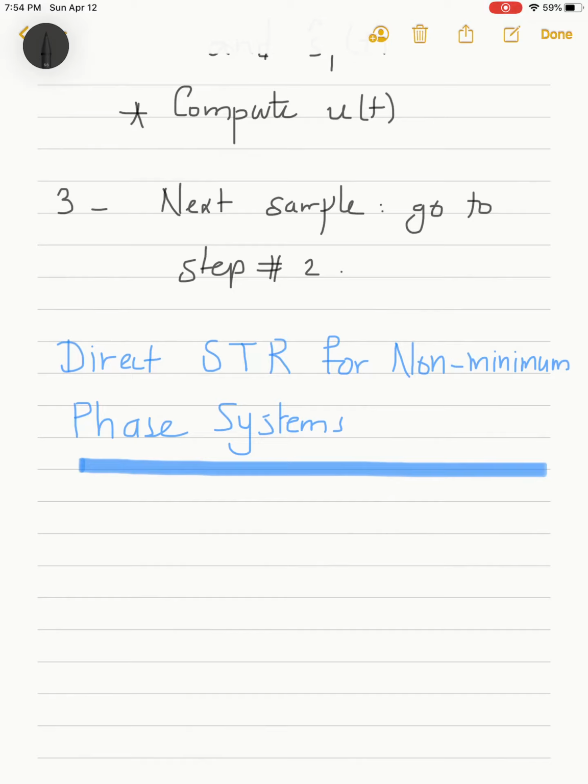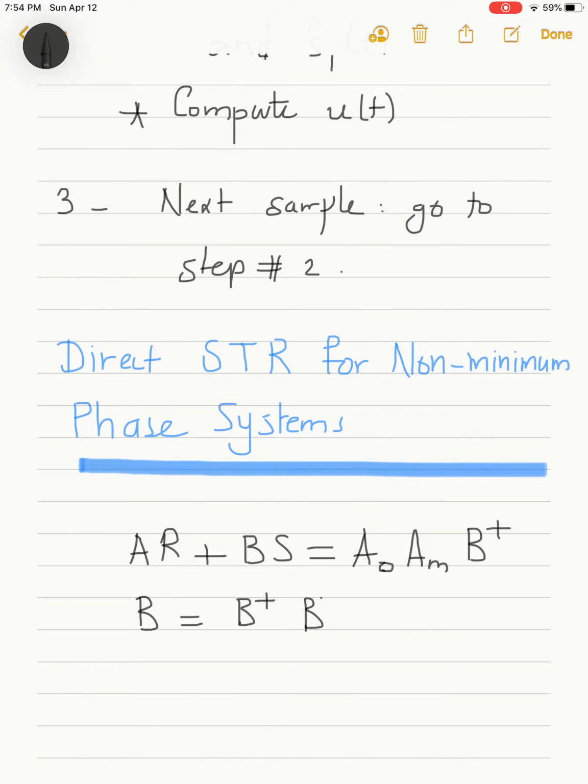So we'll start again by considering the Diophantine equation, AR plus BS equals A node, the observer polynomial, times AM times B plus. In that case, we will consider B consisting of two factors, B plus and B minus, where B minus will contain some zeros, as I said, maybe outside the unit circle.